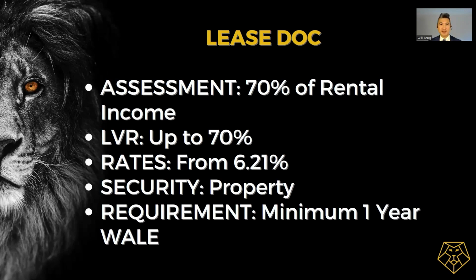So for example, if the property already has a number of tenants in place, the lender will look at the combined income and use that to calculate the borrowing capacity. Typically, the lenders will use up to 70% of the passing income on the property to work out its borrowing capacity on the asset.